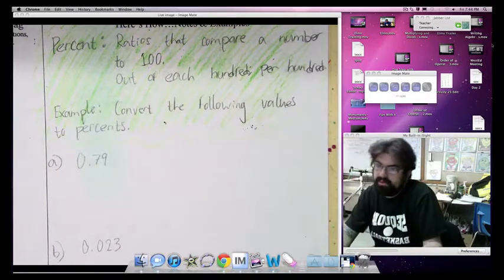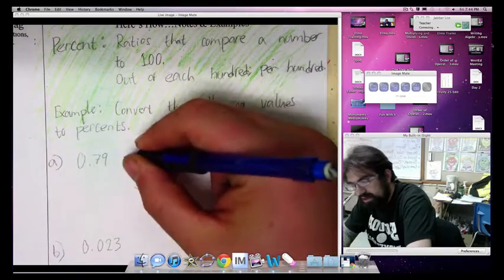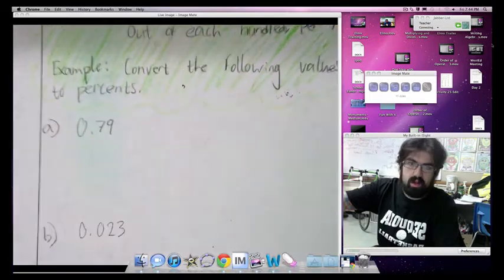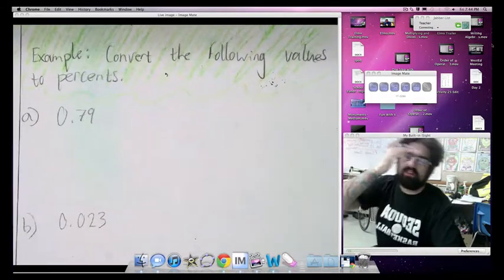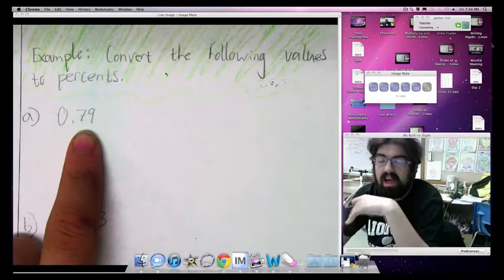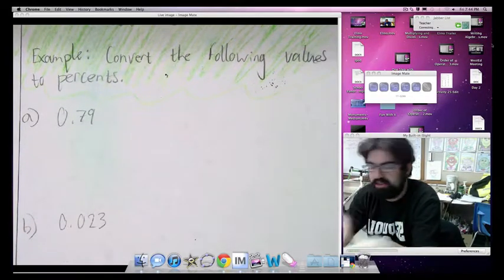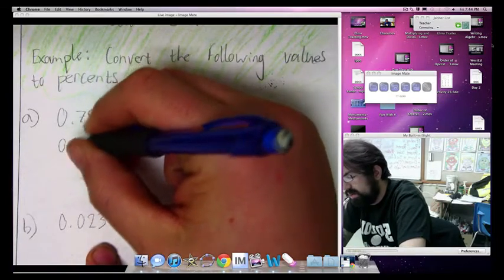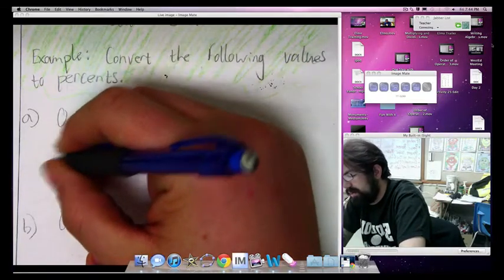So there you go. So the first example, all the examples, we're going to convert these decimals to percents. If I have 79 hundredths, how do I change that into a percent? Well, one way is to multiply it by 100.